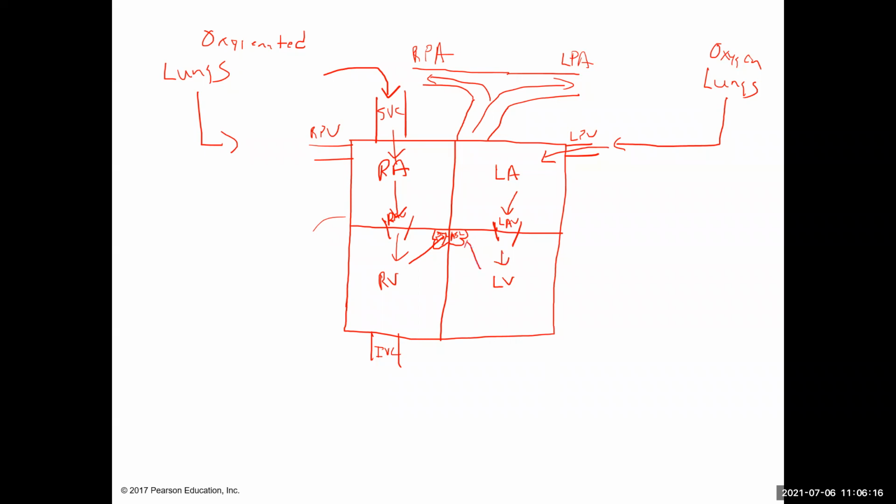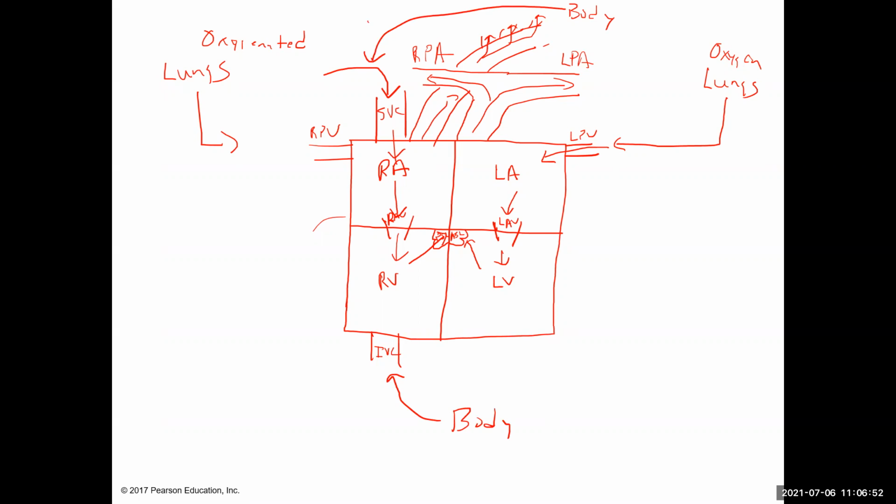And that's pumped through the aortic semilunar valve, and then it goes out of the aorta. That goes to the body, becomes deoxygenated, and then re-enters the heart.